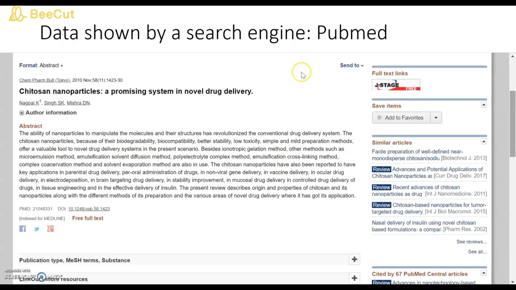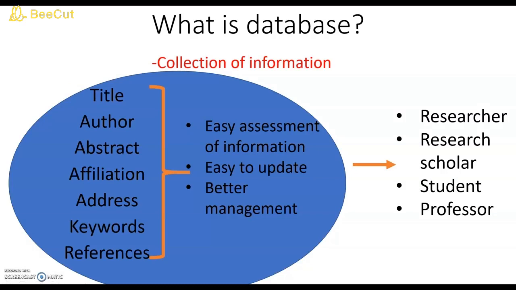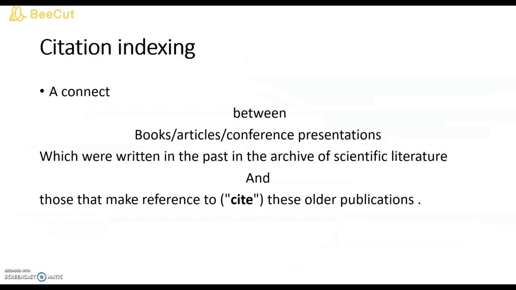Now this work which got published in the year 2010 is now in the archive of scientific literature, right? So if I'm using this that already got published in the past, then I have to make this reference, or I have to cite this as an older publication.